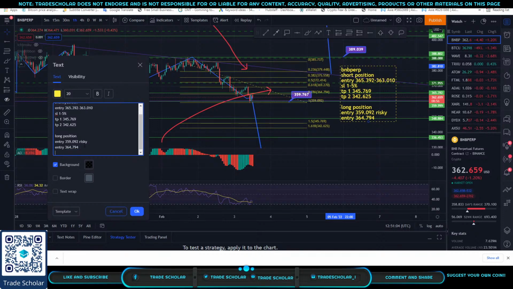Okay. Stop loss 1.5. TP1 will be 369.2. TP2 372. TP3 will be 375.5.